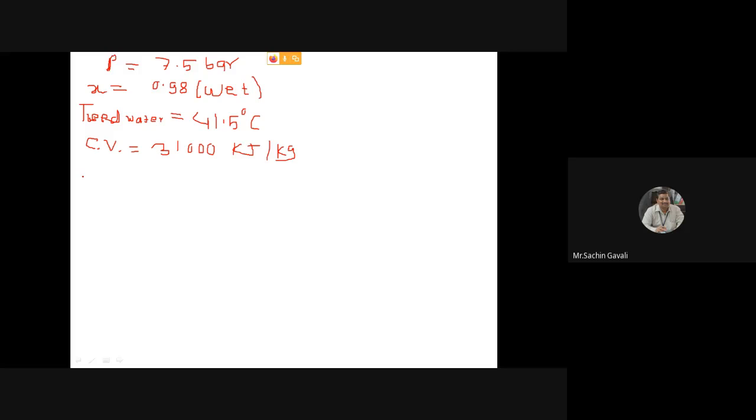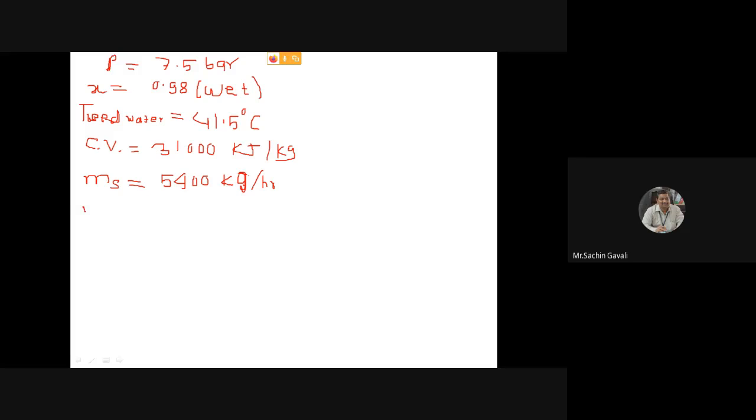MS, mass of steam generated is also given. How much? 5400 kg per hour.